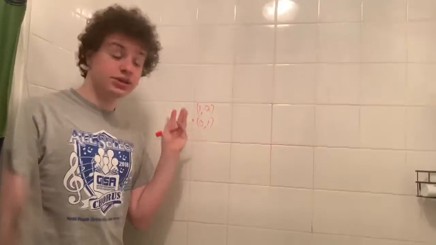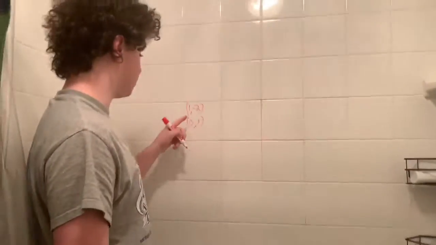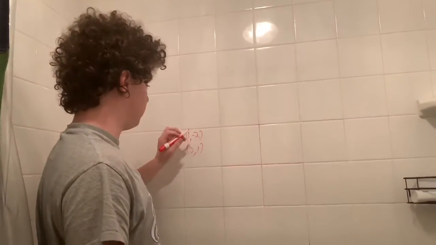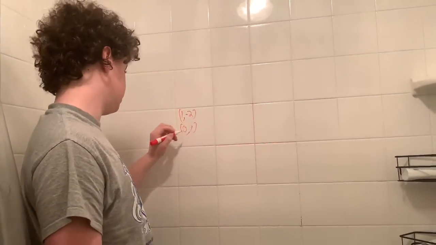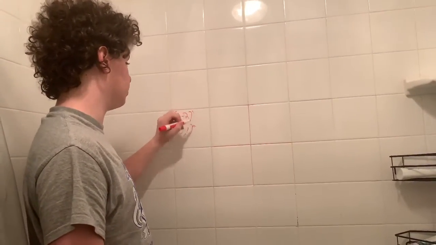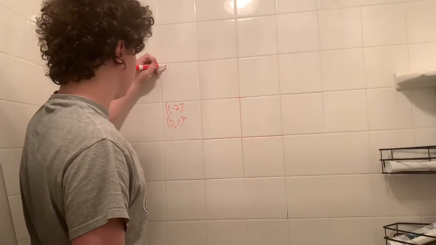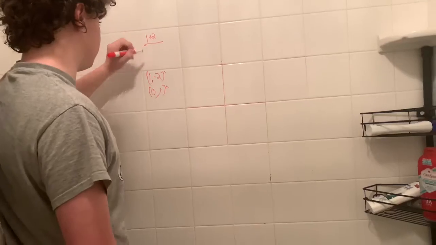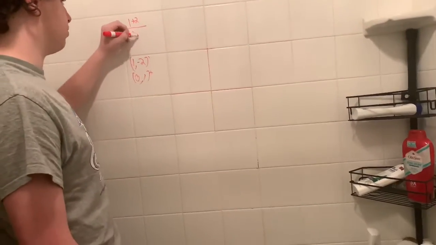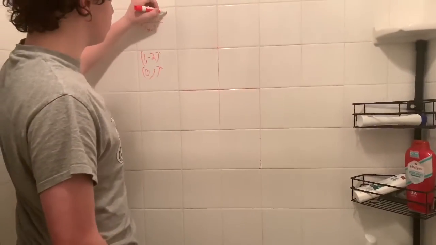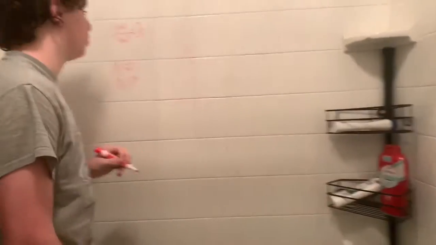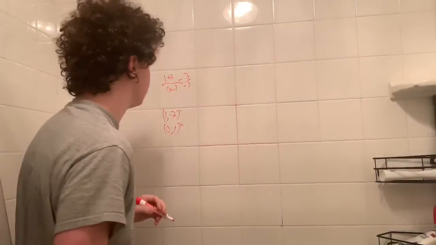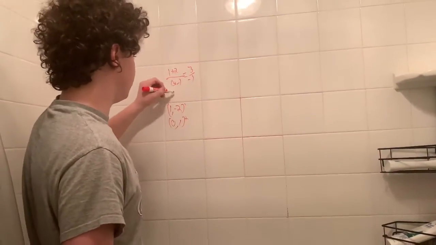Now, to find your slope, you need to subtract the y's and the x's. So this is the 2, this is the 1. So you subtract 1 from -2, or 1 plus 2, and put that over 0 minus 1, which equals 3 over -1, or just -3. So that -3 is the slope.